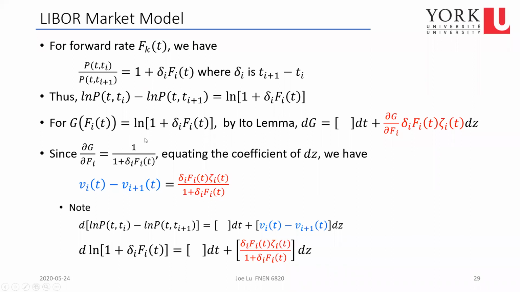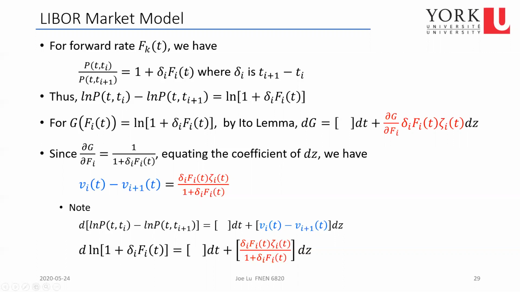Now recall that we actually have a relation here. The ratio between two zero coupon bonds, say P(t, T_i) and P(t, T_{i+1}), two different maturities, is equal to 1 plus delta, which is the time difference, times the forward rate. The forward rate is annualized, so if delta is a quarter, say 3 months, then you have to multiply by 0.25.